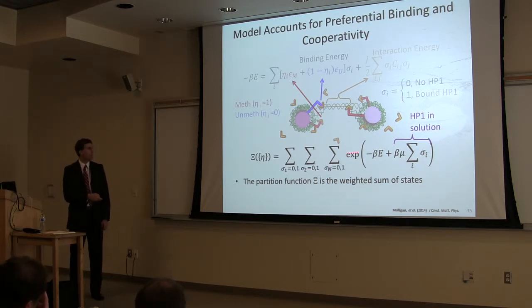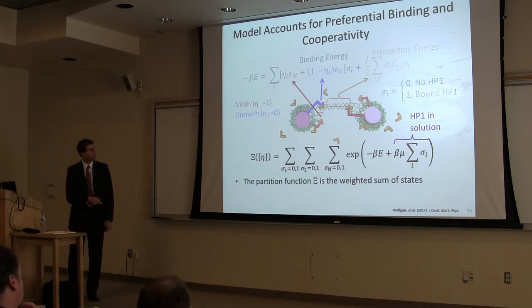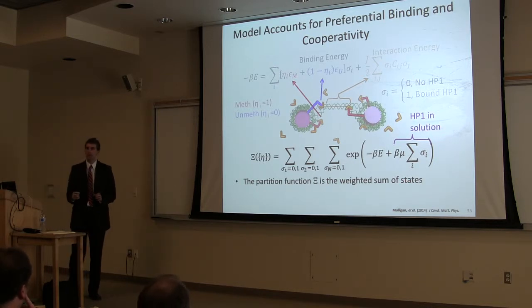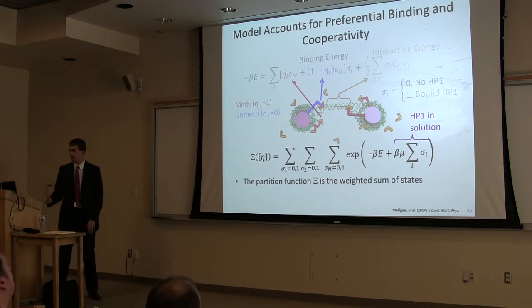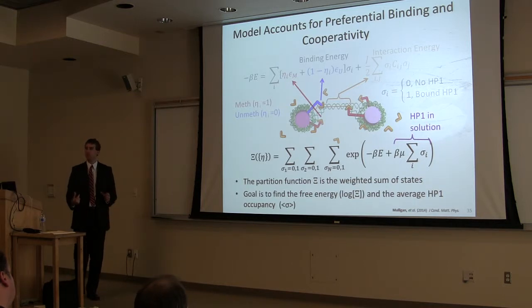And so we weight that by the probability, which is given by the exponential of the energy, and then we have this chemical potential term. And the chemical potential accounts for how much HP1 we have in solution. And so the more HP1, the more favorable it will be to bind. From this, we're going to calculate the free energy, as well as the average amount of HP1 binding.